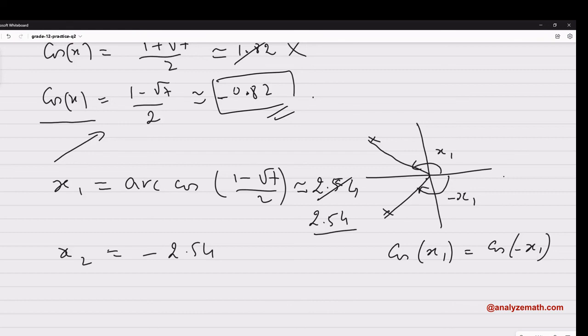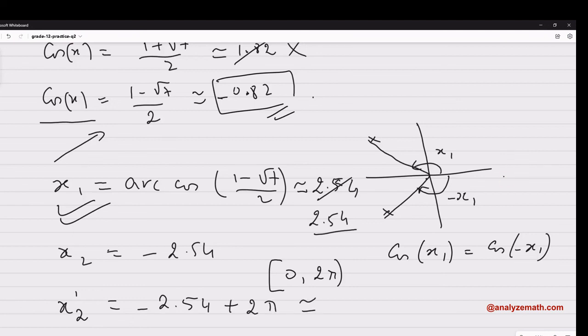But remember, we want the solution in the interval 0 to 2 pi. So the first solution is good, in the positive direction. Now for x2, let's call it x2 prime, we will take the negative value and then add 2 pi. That will approximately give 3.75 radians. So these are the two solutions we are looking for: 2.54 radians and 3.75 radians.